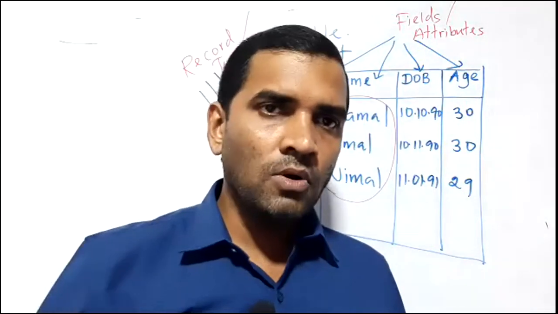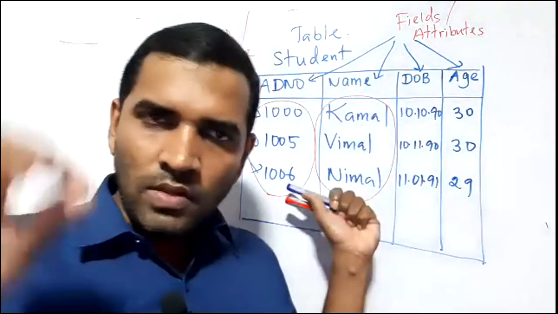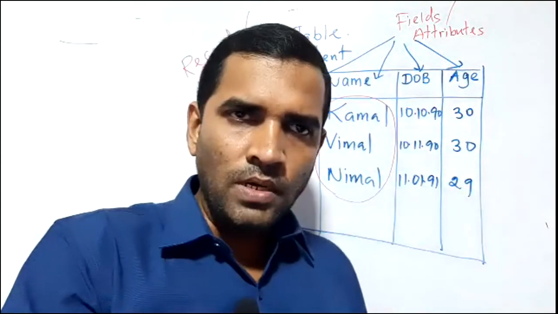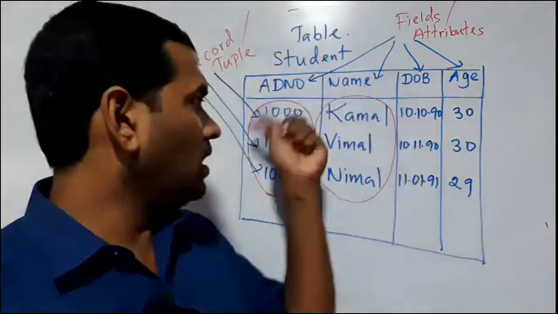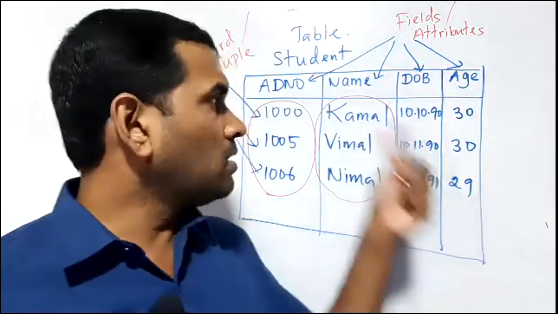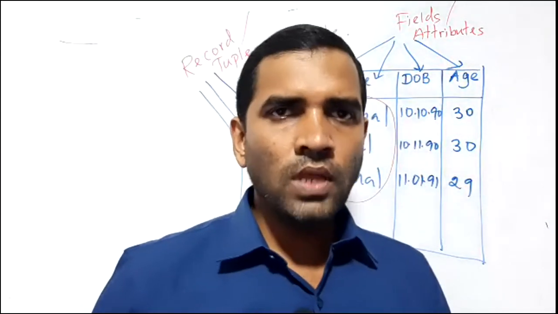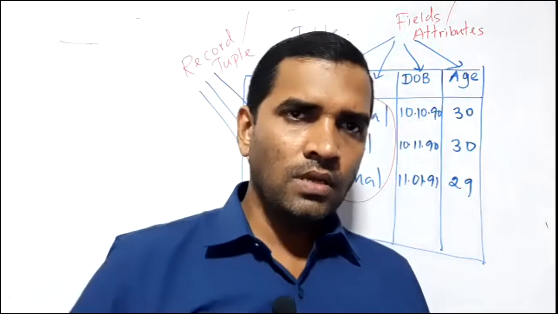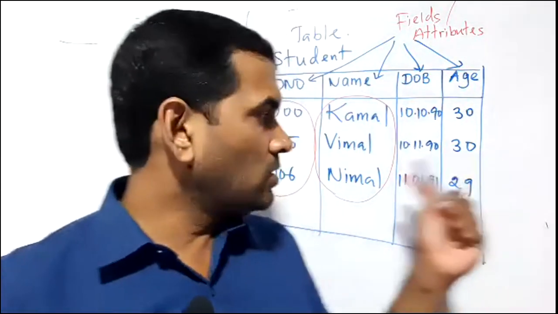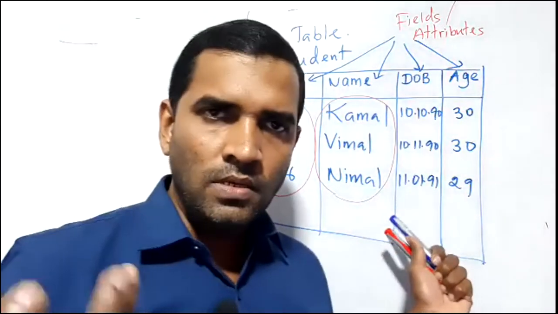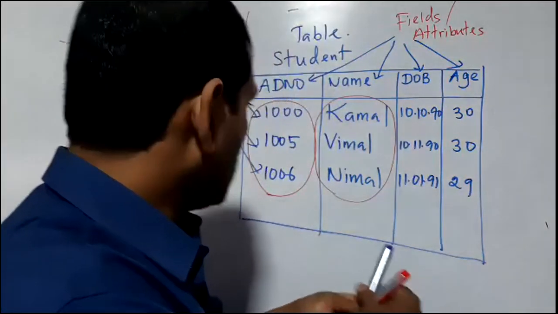I'm talking about the type of data. We already identified the data in admission number as number type. But in the name field there are no numbers; they are letters or characters. This type of data is called text.